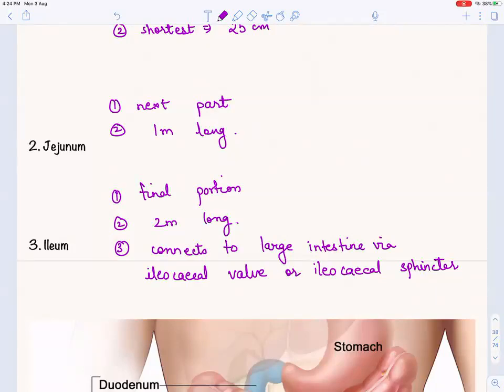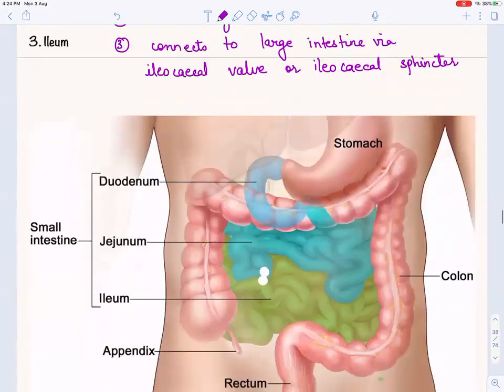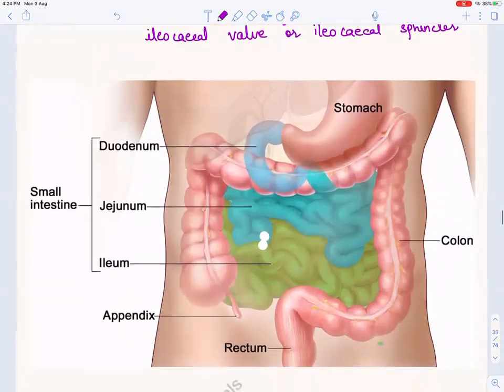So duodenum, jejunum, and ileum. If we see, this is the stomach. This light blue part is the duodenum. Then starts the jejunum, and then the highly coiled part is the ileum, which is the longest, 2 meters. The jejunum is 1 meter, and the duodenum is only 25 centimeters.